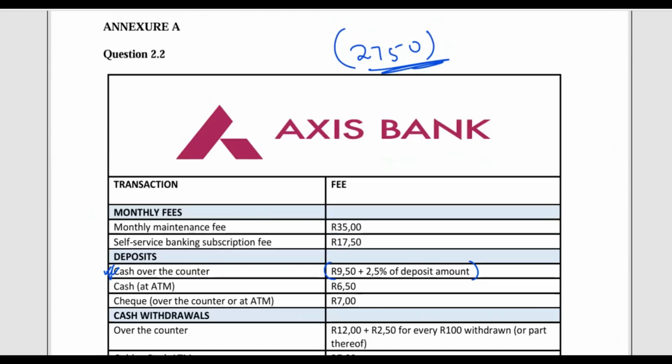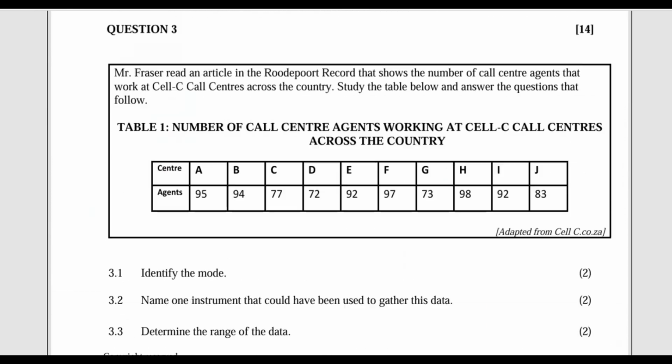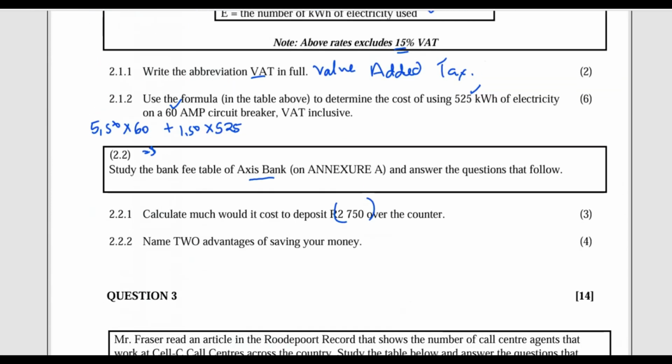And then next, they want us to give the advantages of saving your money. So there are quite a number of advantages of saving money, okay? In our normal school setting, you might have been told that money can be saved just for future purposes.